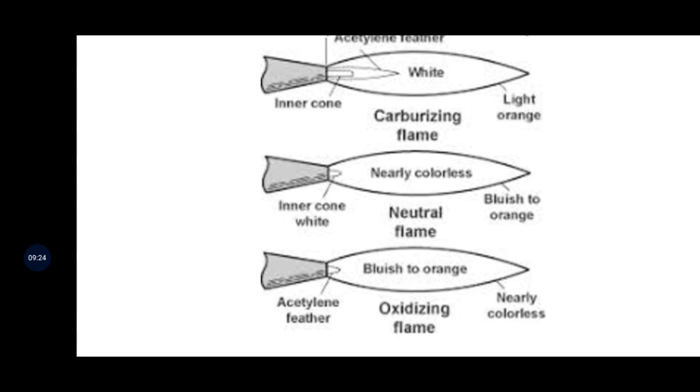I will repeat again: neutral flame 3260 degrees Celsius, oxidizing flame around 3500 degrees Celsius, reducing flame around 3066 degrees Celsius. You can also use the reducing flame for nickel copper alloys.